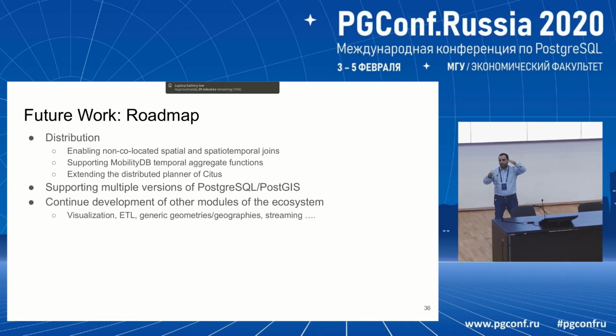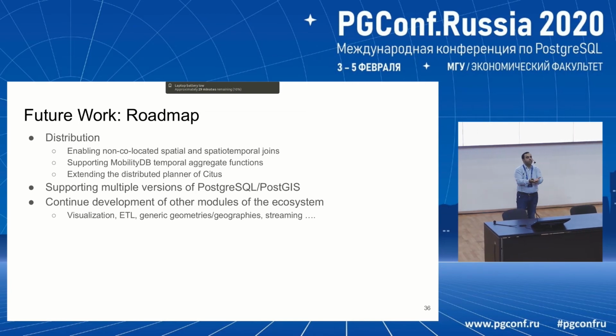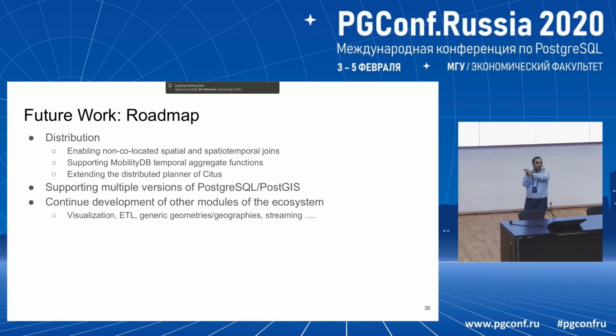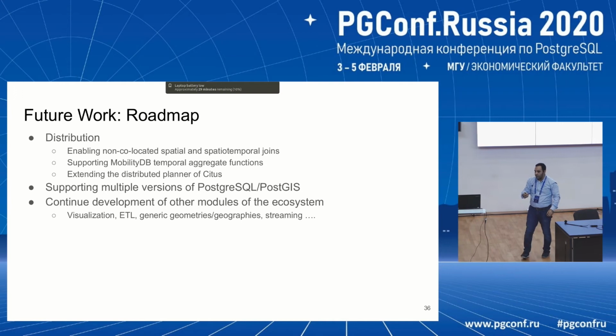When you do spatiotemporal joins, you need to shard the data according to some spatiotemporal partitioning so that shards that are spatiotemporally close to one another go to more or less the same node in order to reduce the data copying between nodes.